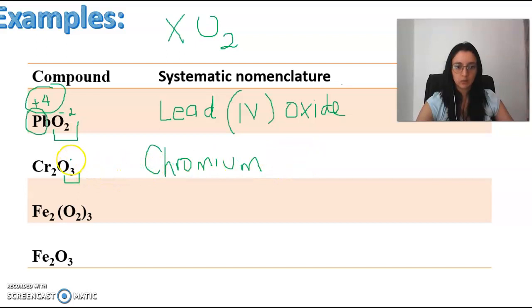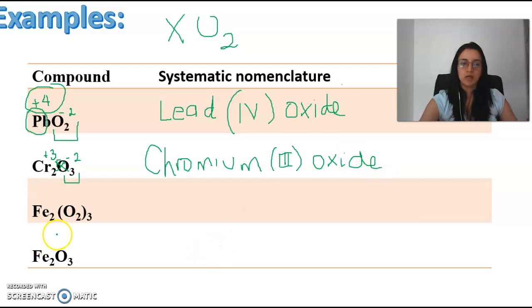Oxide, but once again, I have to determine oxidation states because I have to write the oxidation state of chromium. So oxygen is -2 because I have determined that it's an oxide. Therefore, chromium is going to be +3 in order to balance this out to 0. Or if you do crisscross backwards, this 3 goes here, these two goes here. Okay, so chromium(III) oxide, because that's the oxidation state of chromium, and then the word oxide again.